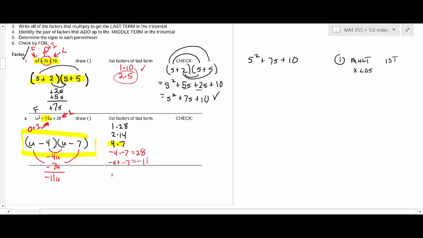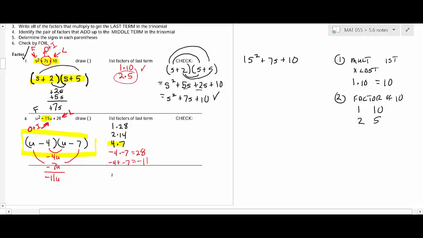We're going to change this into a factor by grouping problem. So what we really get here is 1 times 10 is equal to 10. Then we look at all the factors of 10. The factors of 10 are 1 and 10 or 2 and 5.